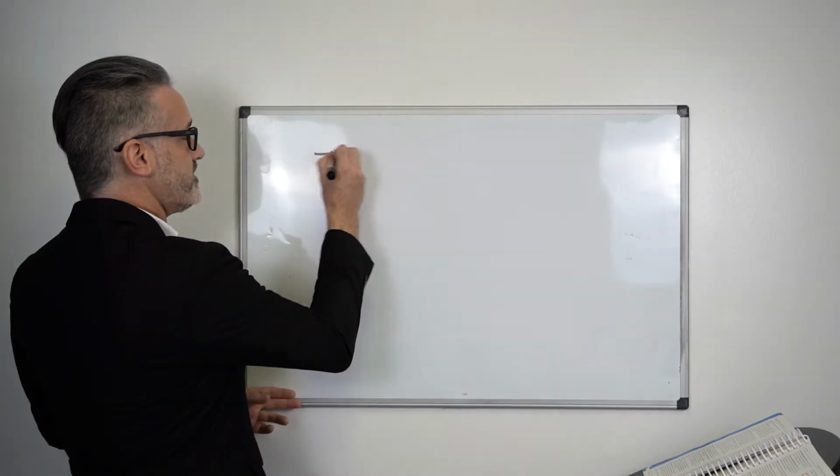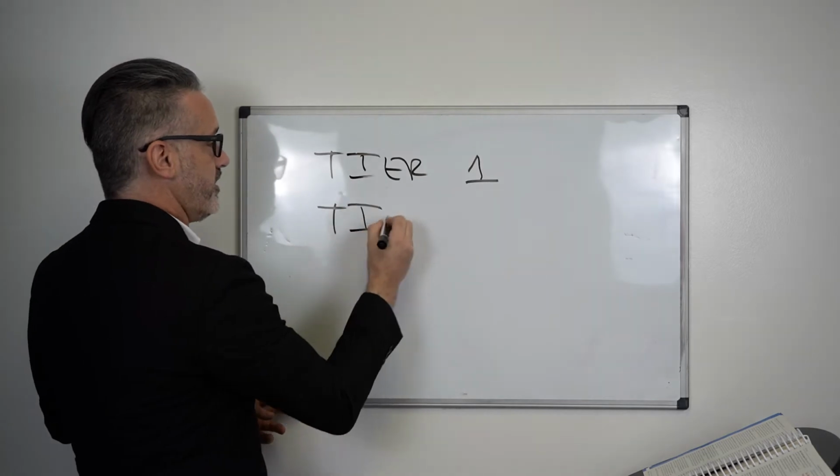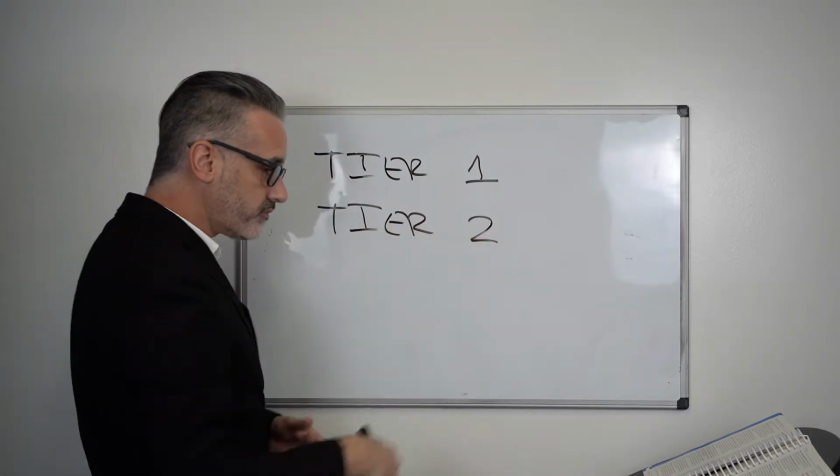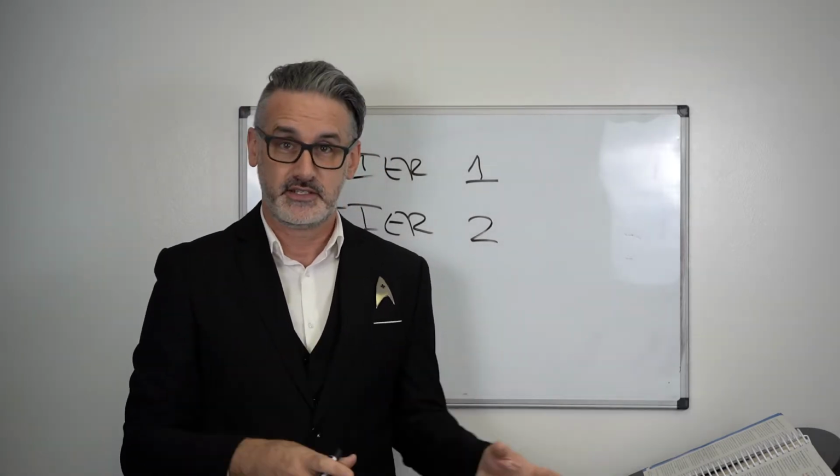Looking in your CPT book, in the 2020 professional manual, page 557 begins the Tier 1 codes. One of the major differences between Tier 1 and Tier 2 is that Tier 1 has one big fancy acronym per CPT code.